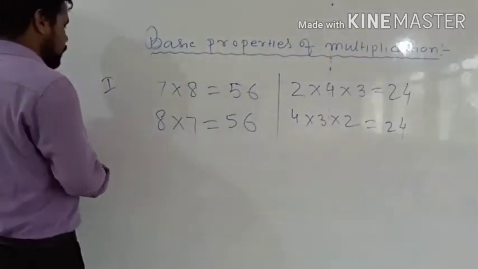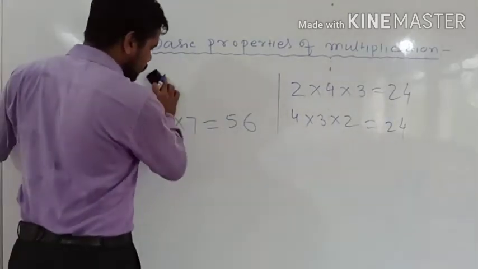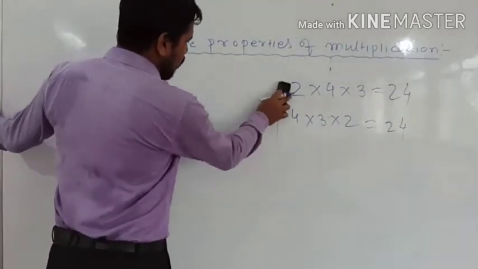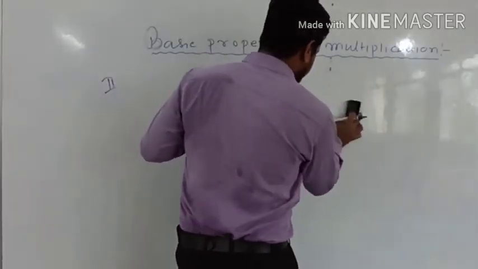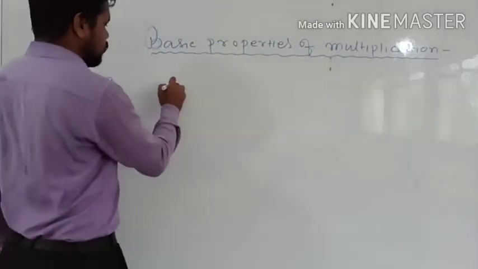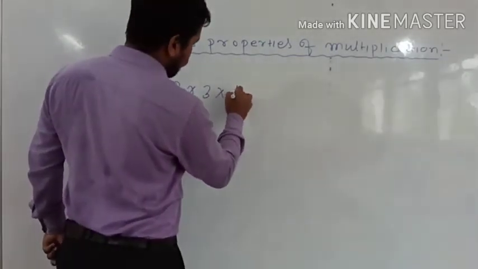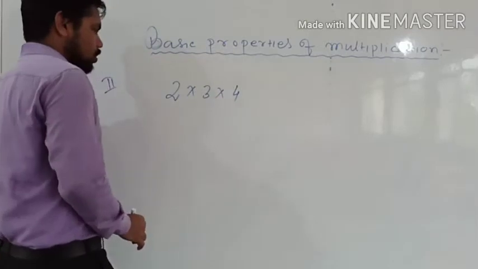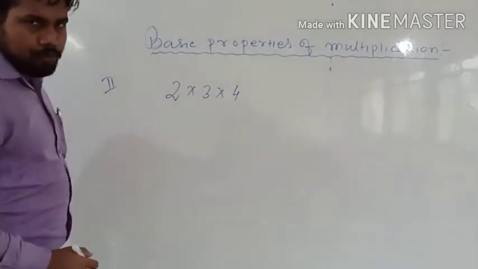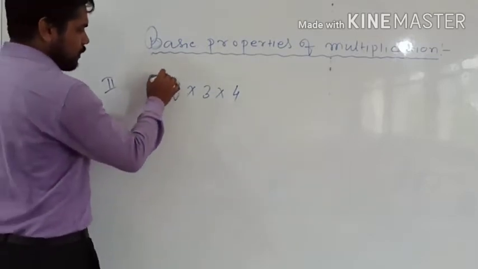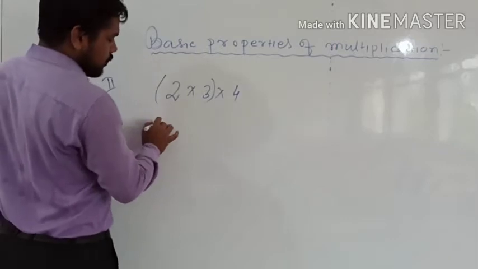Now second property is also related to that only, कि you can multiply in any order, the product will be same. Suppose 3 numbers we are taking, in second property suppose we are taking 2 multiply 3 multiply 4. Okay, so this property is saying you can make any group. Either you can make these two group first, or you can make these two group also.